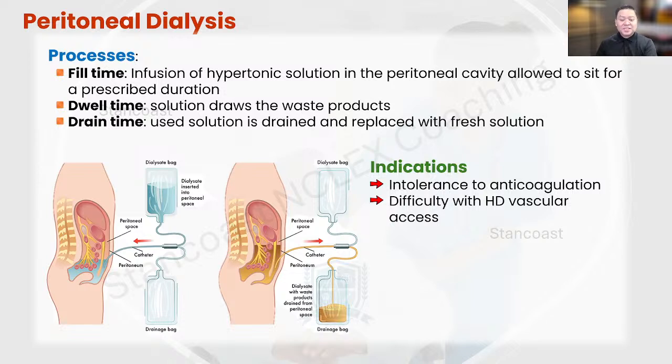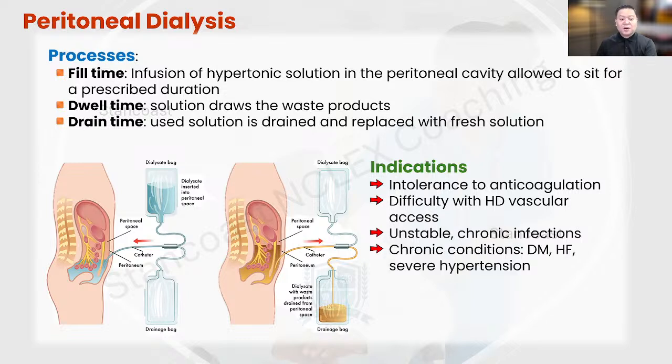It is also beneficial for patients with chronic diabetes mellitus, heart failure, or severe hypertension, because there's a whole lot of things that can be involved when a patient goes for hemodialysis.